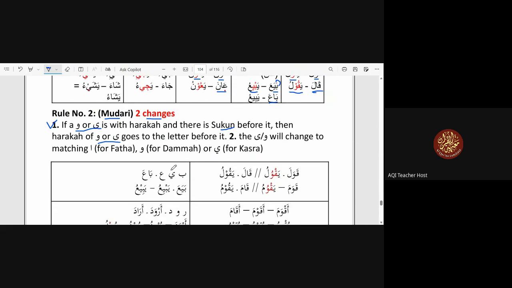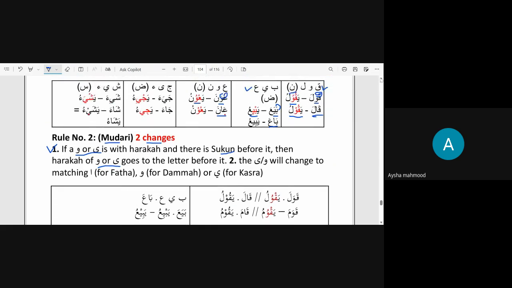Can I just, assalamu alaikum, can I just add a little bit here? Yes, sure. Now, one rule is when the weak letter has haraka and the strong letter is sakin. We have to remove, like you said, is right, but there's another addition.